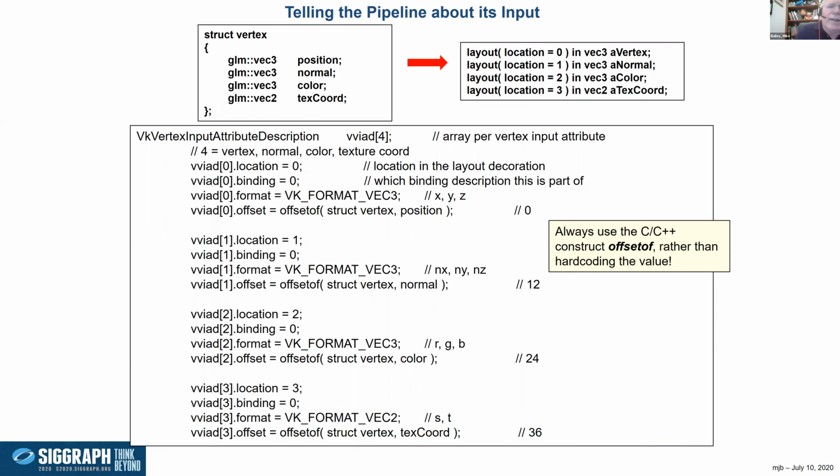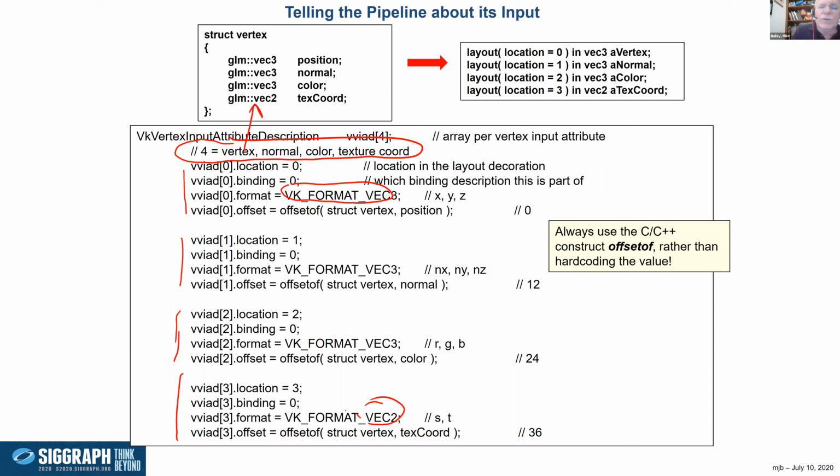Because we've got 4 pieces of information right here, we have to create 4 sub data structures. There's an array of structs here, 4 structs in that array of structs. And here's where we're telling it what we've got. That first thing is a vec3, the next one's a vec3, and this last one's a vec2.